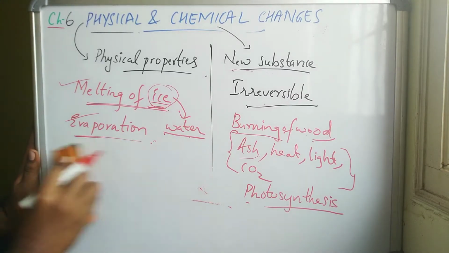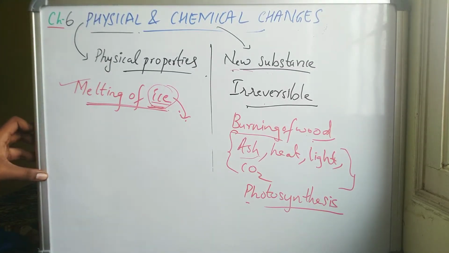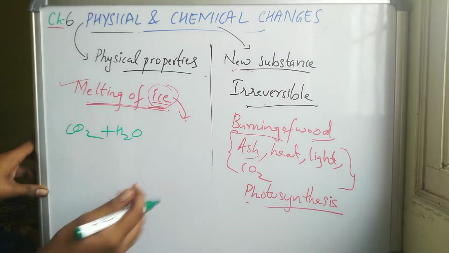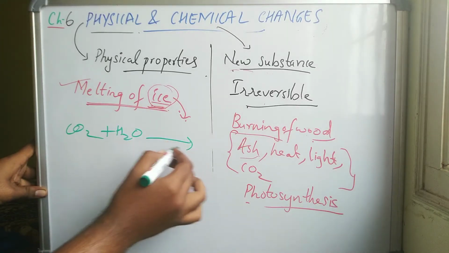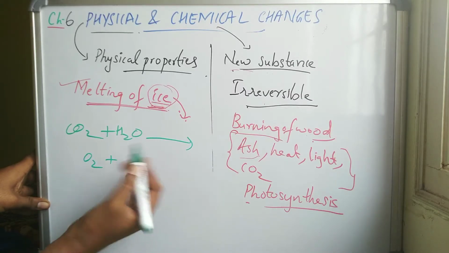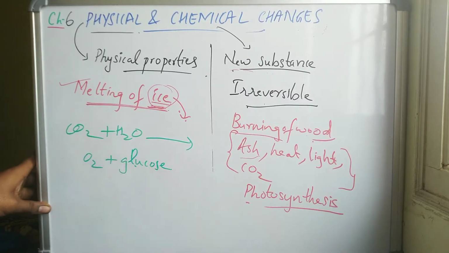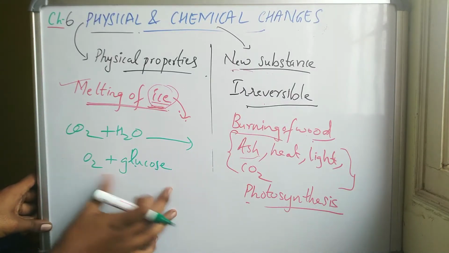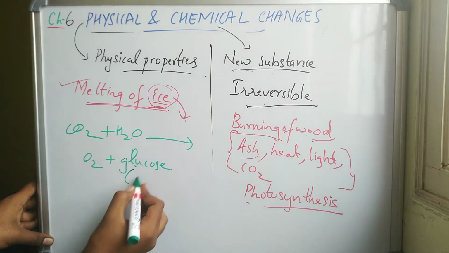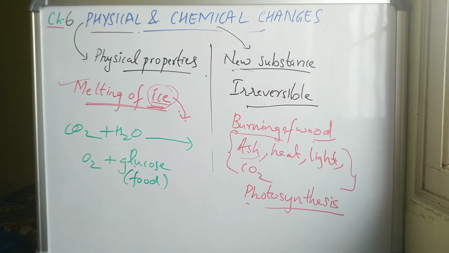It takes in carbon dioxide and water, in the presence of chlorophyll and sunlight, and it forms glucose, a carbohydrate. Glucose is nothing but food. So basically, new substances are formed here in photosynthesis.